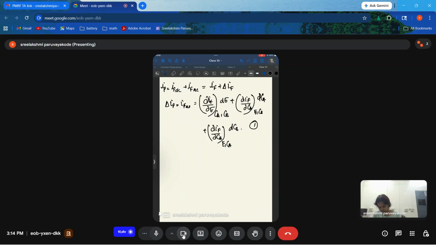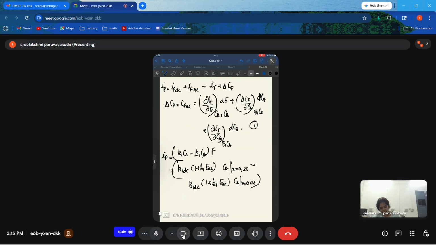Now, we already told IF equal to K1 CA minus K minus 1 CB into Faraday's constant. Now let's write K1 as K1 DC into 1 plus B1 EAC, CA at x equal to 0, and I'm saying it's steady state for the time being. And K minus 1 DC into 1 plus B minus 1 EAC, CB at x equal to 0, steady state.